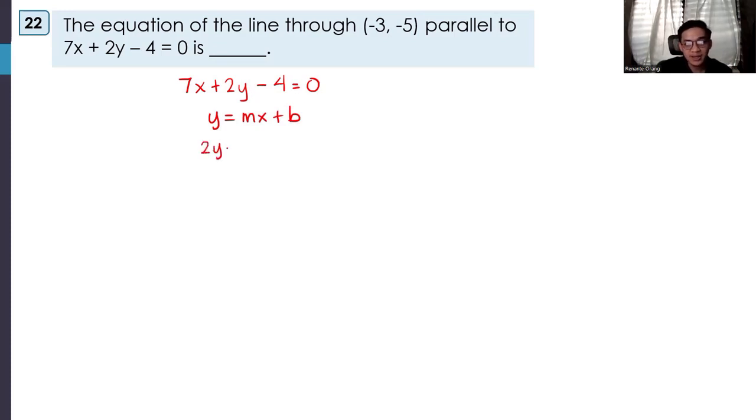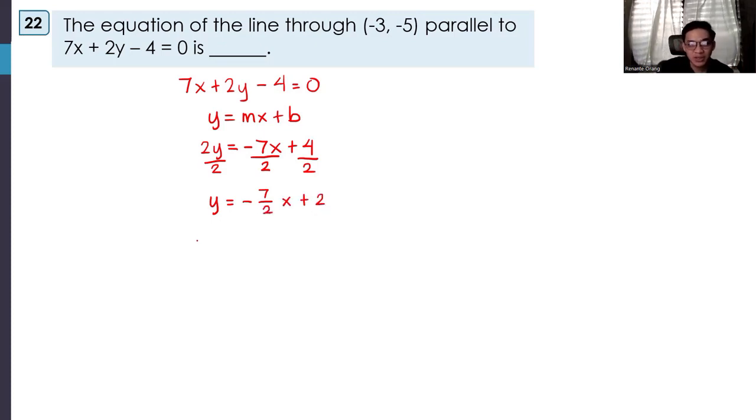Magiging 2y is equivalent to 7x. Lipat sa kabila. Magiging negative 7x. 2y. Negative 4. Lipat sa kabila. Magiging positive 4. And then, divide everything by 2. So, magiging y is equivalent to negative 7 over 2x plus 2.